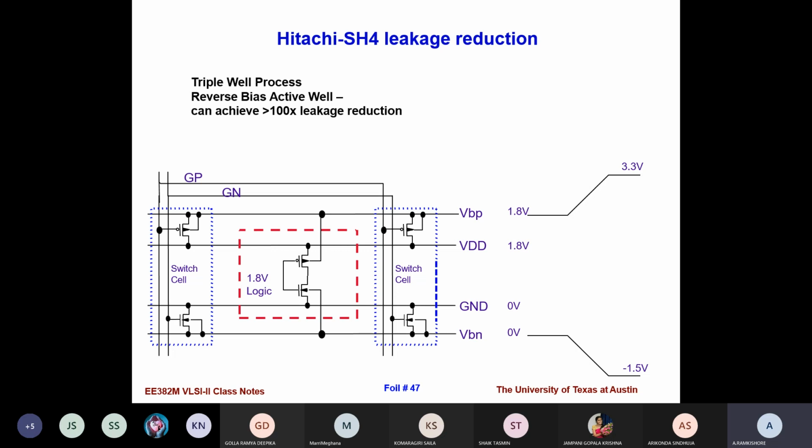Here I want to give a real example for this system level approach. Whatever you are seeing is one type of design that will control the capacitance values and also reduce the leakage.